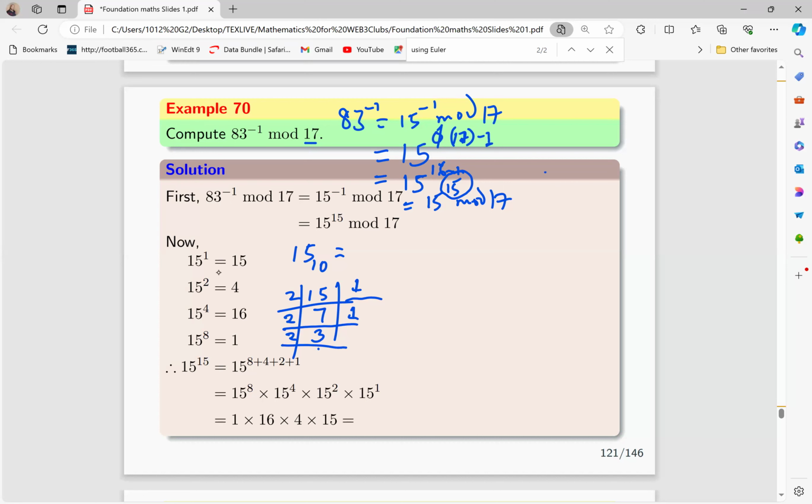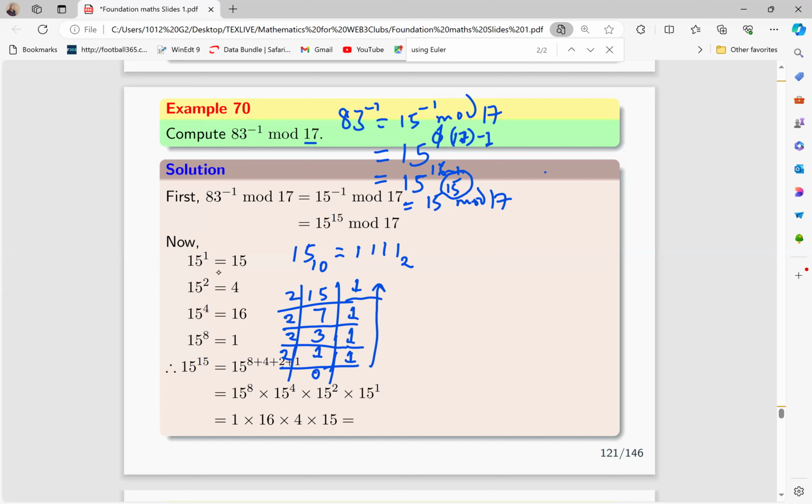2 goes here once, and the remainder will be 1. We do it until we have a 0. So 2 goes here 0 times, and the remainder will be 1. So that means this number 15 to binary, we note these remainders from bottom going up, is 1, 1, 1, 1, 4 ones.